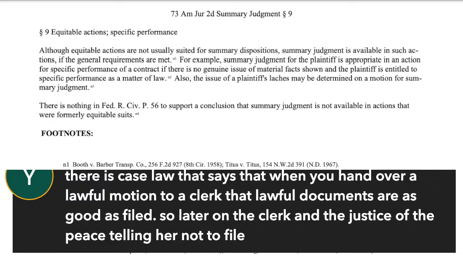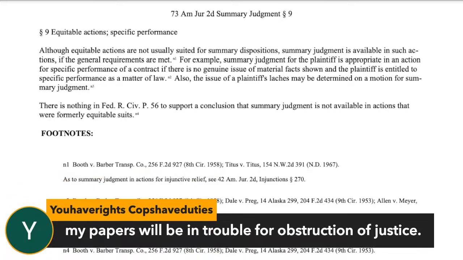You have rights, cops have duty says there's case law that when you hand over a lawful motion to a clerk, that lawful document is as good as filed. So later the clerk and the justice of the peace telling her not to file, well, that'd be like dereliction of duty. Yeah, that gets pretty, I don't want to go down that yet. There's a lot of stuff. My papers will be in trouble for obstruction of justice.